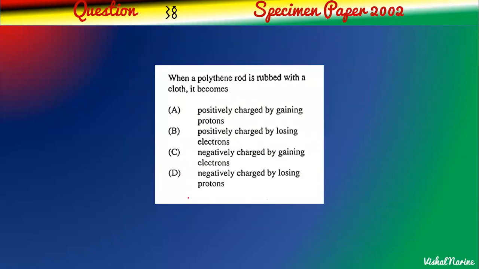38. And just a reminder again, as you're sending your response, put the question number first, then the response, as I'm not too certain which question you're responding to. This one is asking, when a polythene rod is rubbed with a cloth, it becomes... We worked this question yesterday.